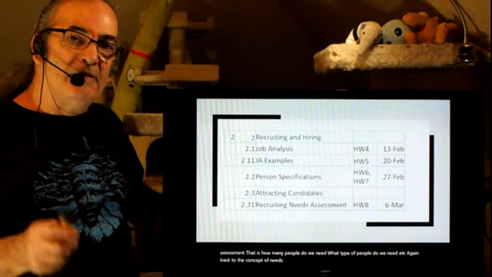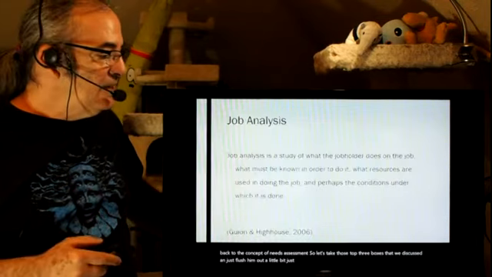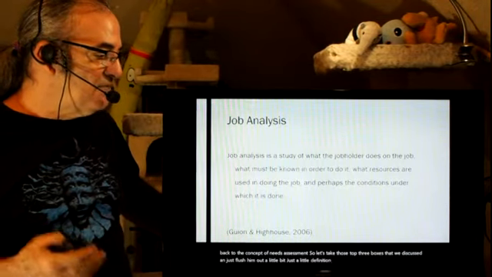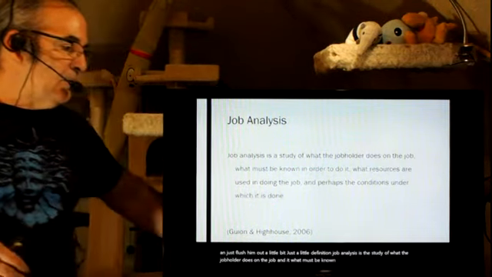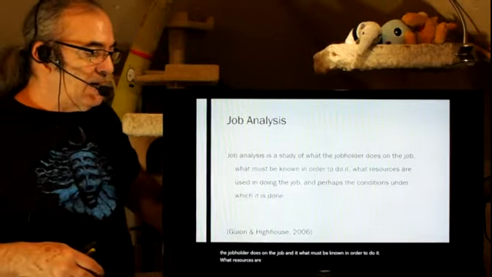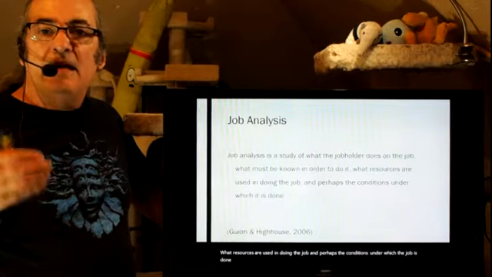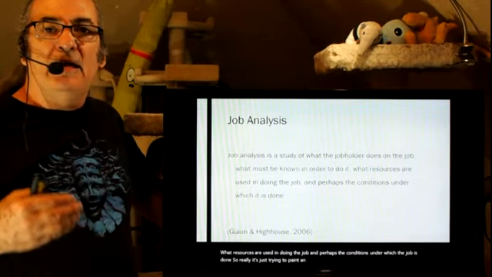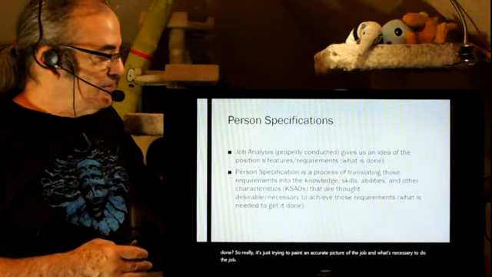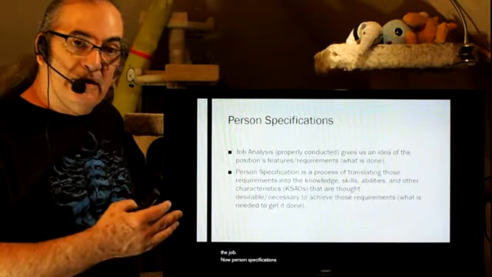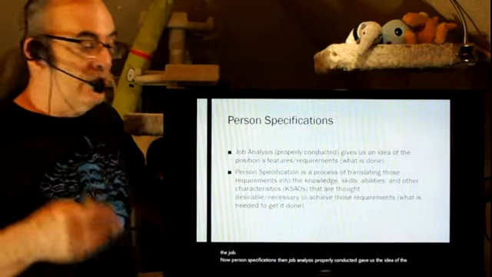So let's take those top 3 boxes that we discussed and flesh them out a little bit, just a little definition. Job analysis is the study of what the job holder does on the job, and what must be known in order to do it, what resources are used in doing the job, and perhaps the conditions under which the job is done. So really it's just trying to paint an accurate picture of the job and what's necessary to do the job. Okay. Now, person specifications: job analysis properly conducted gave us the idea of the position's features and requirements, and that's what is done.